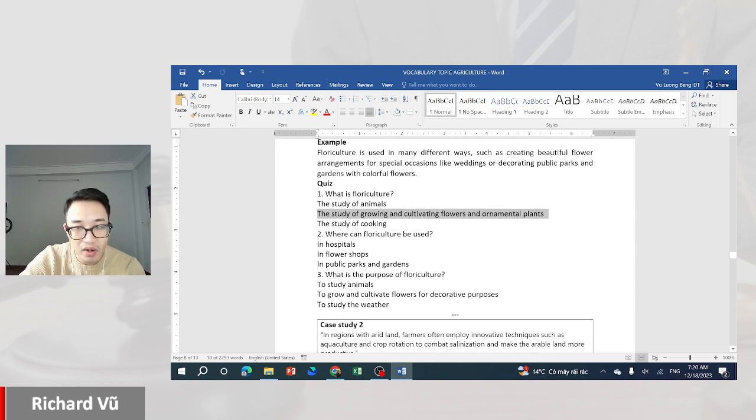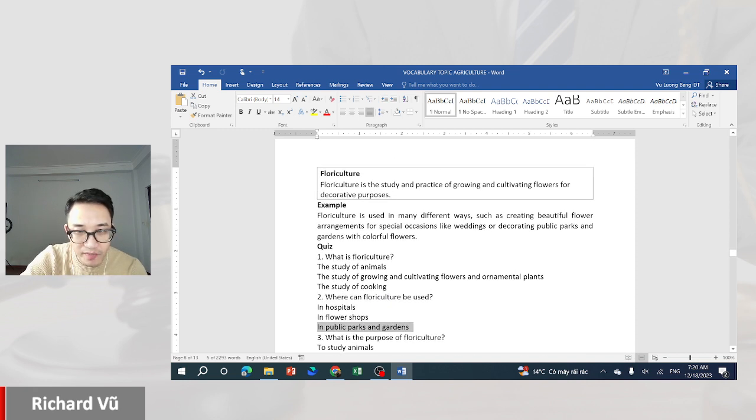So where can floriculture be used? In a hospital, in flower shops, or in public parks and gardens? Because of these sentences: we often use floriculture for special occasions like weddings or decorating public parks and gardens with colorful flowers.